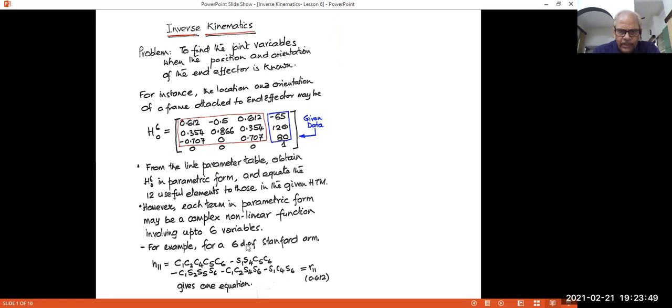For example, if you take a 6 degrees of freedom Stanford arm, you will find this element 1,1 will be of this complexity and magnitude, with highly nonlinear trigonometric terms, and this equals R11, for example. Similar expressions made equal to the other terms will lead to 12 equations, but many times they're not solvable.